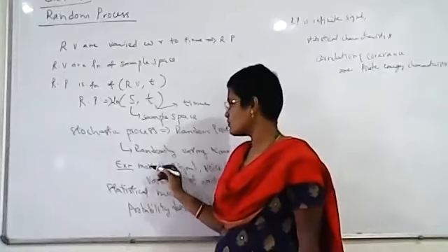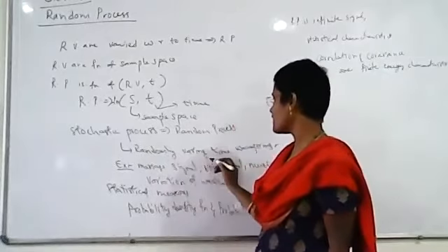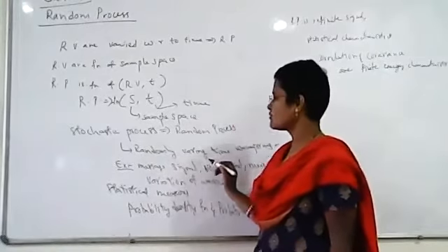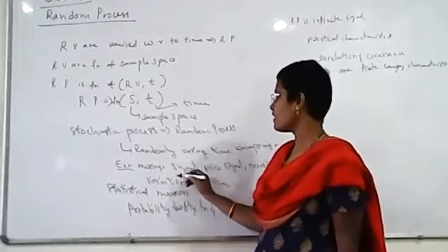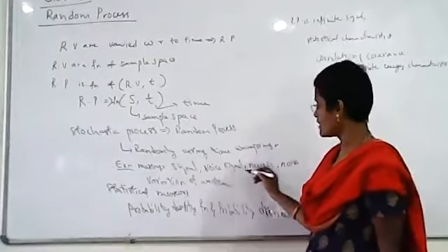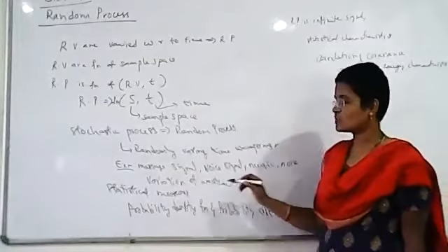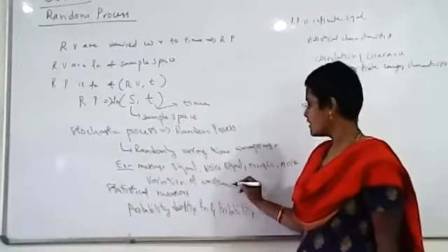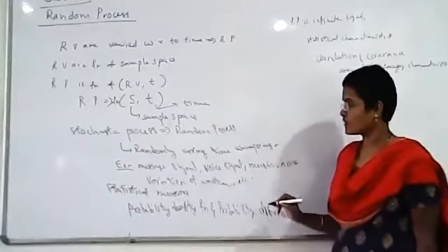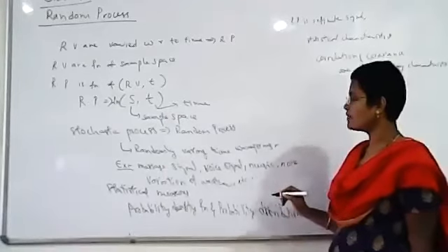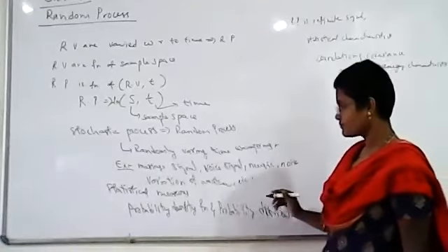Which waveforms vary randomly with respect to time? Message signal, voice signal, music signal, noise, variation of weather, etc. These signals are varying randomly with respect to time.